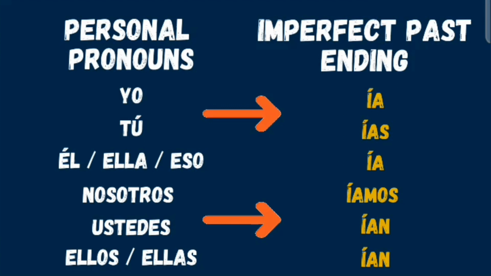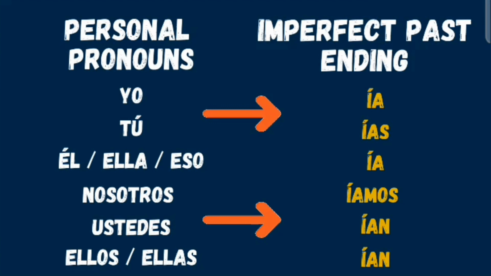Now, with the personal pronoun you, tú, the ending would be ías. You just have to add an S. Ías, same with an accent on the letter I. That would be the ending of your verb to create the imperfect past.